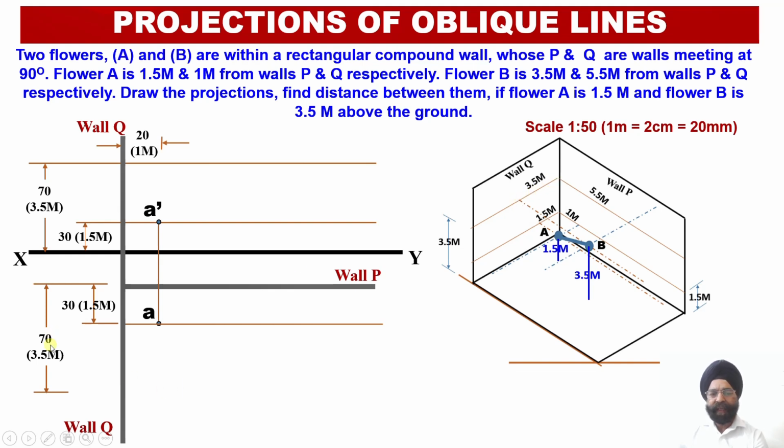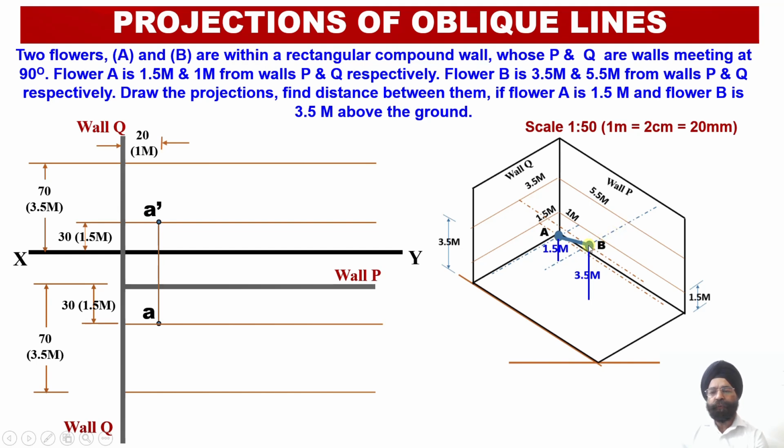Once we mark this distance, we are going to draw a construction line corresponding to the location of the top view of the point B. Top view of the point B means that this flower B, or the object B, will be lying 3.5 meters in front of the wall P, as we are going to look at this object from the top view. So this distance we know, that is 3.5 meters.